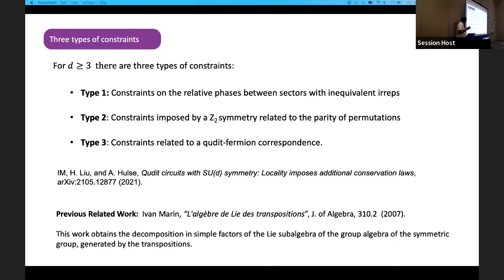And let me just mention that there's an important previous related work by Iman Marvian from 2007 in the context of Lie algebras. He basically obtains the decomposition in simple factors of the Lie subalgebra of the group algebra of the symmetric group generated by transpositions. Some of the results that we obtained here can also be understood using his much more advanced techniques.